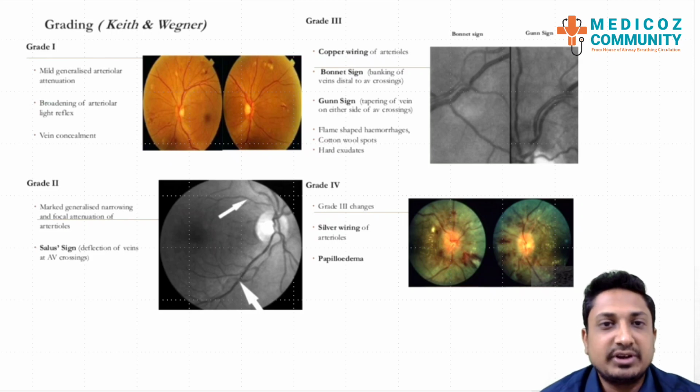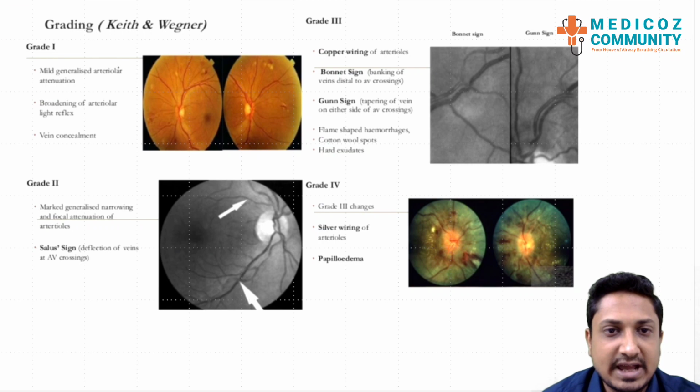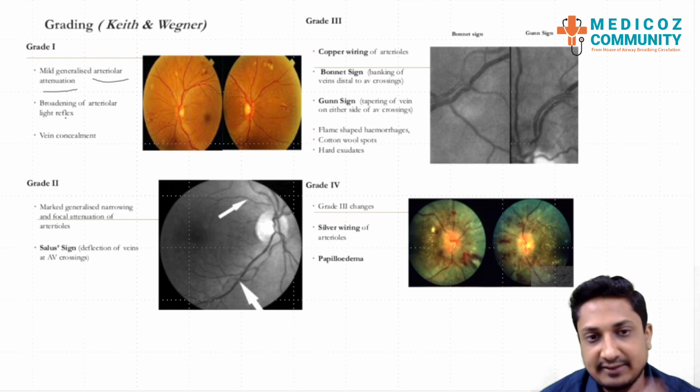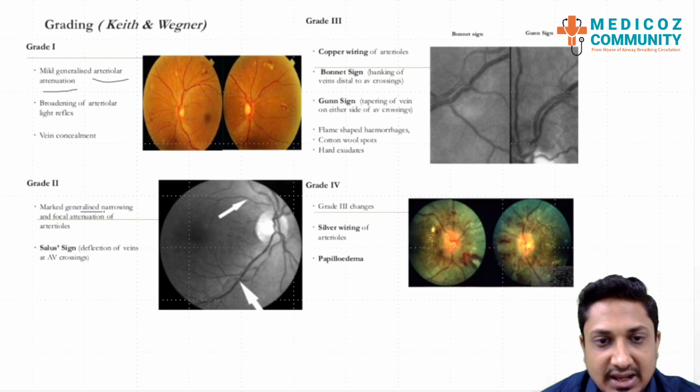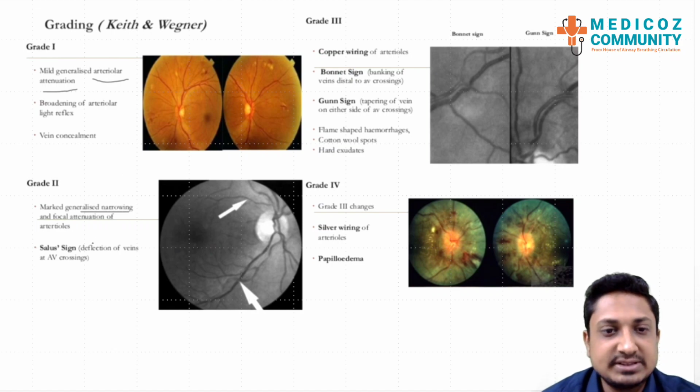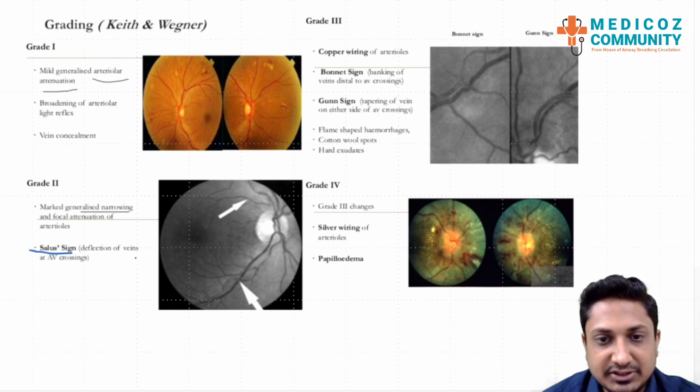Coming to the grading of hypertensive retinopathy, grade 1 has arteriolar attenuation along with broadening of the arteriolar light reflex, while grade 2 has generalized narrowing of the blood vessels along with focal arteriolar attenuation, and along with that the Salus sign, that is deflection of veins at the AV junction, the arteriovenous junction, can be found.